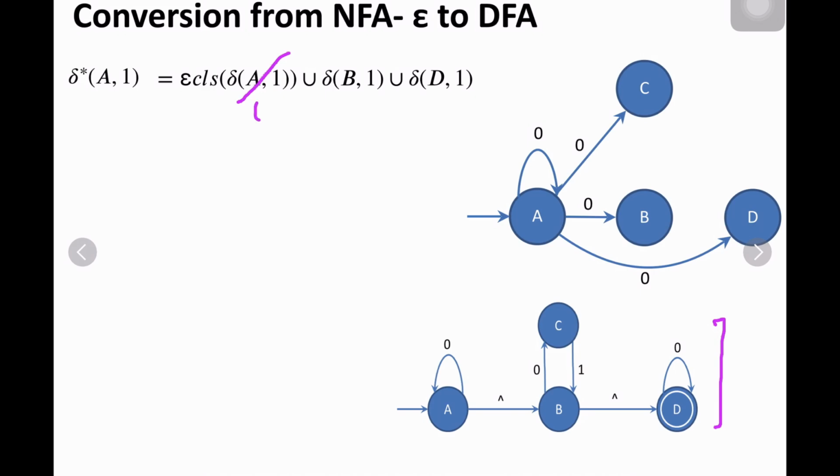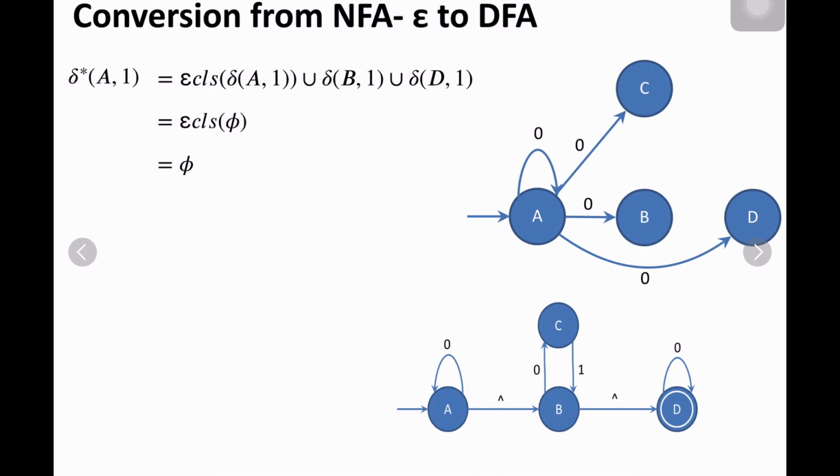B on 1, there is no transition, phi. Then D on 1, there is no transition. That means it is E-closure of phi, that is phi only. There is no transition at all on 1. So A is over.